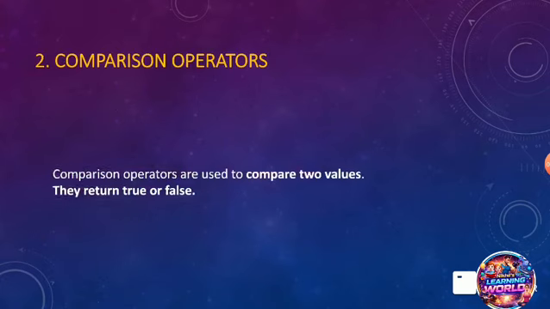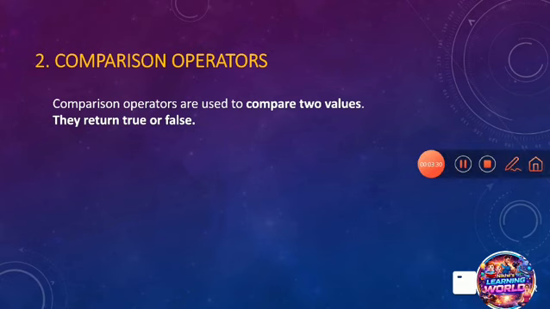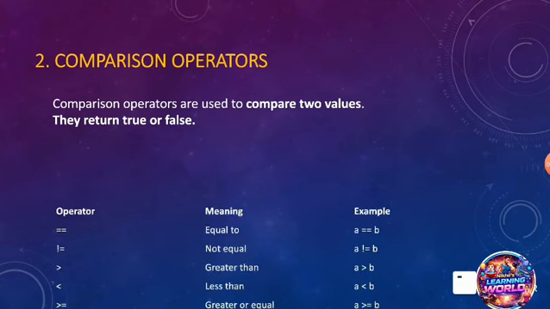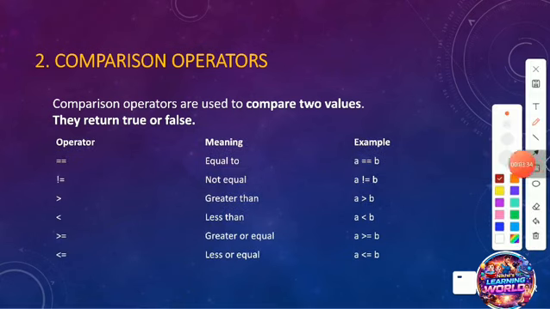Okay, the next one is comparison operators. Comparison operators compare two values and return either true or false. So it will be returning Boolean values. For example, equal to, not equal to, greater than, less than, greater than or equal to, or less than or equal to.